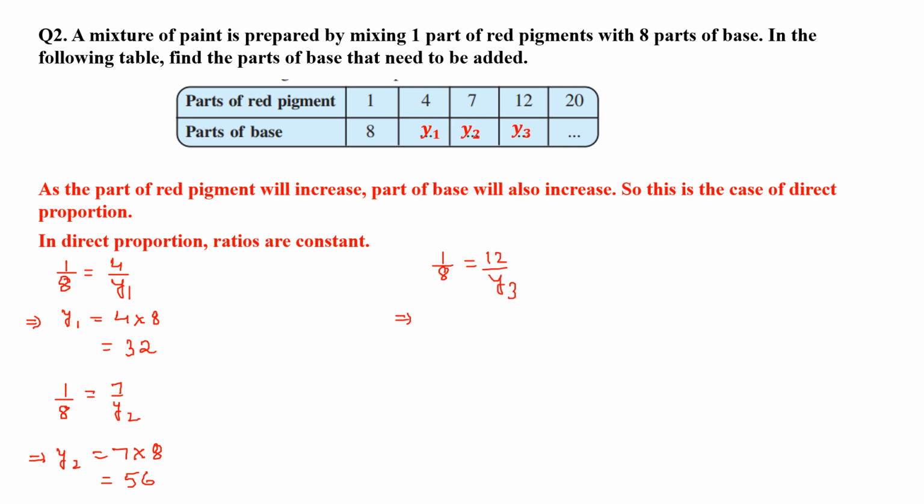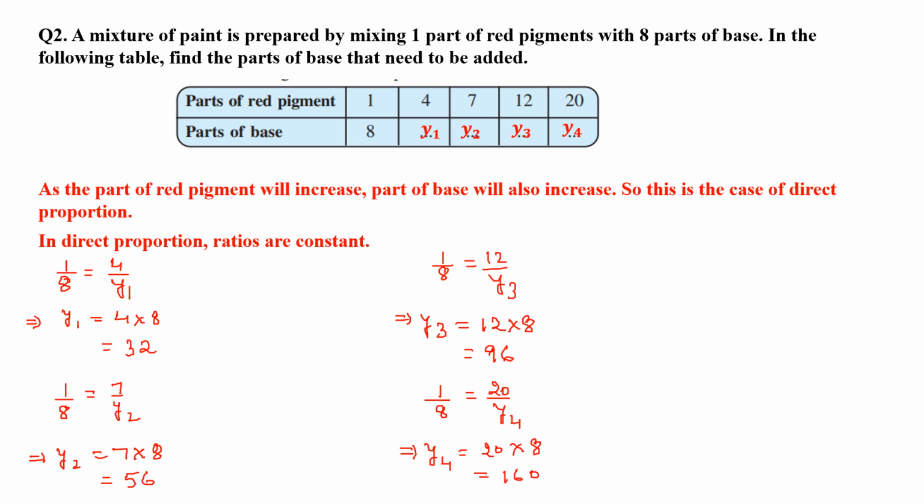So from here I get y3 is equal to 12 into 8, and 12 into 8 is 96. The last one, 1 by 8 is equal to 20 by y4, and the value of y4 will be 20 into 8, which is equal to 160.